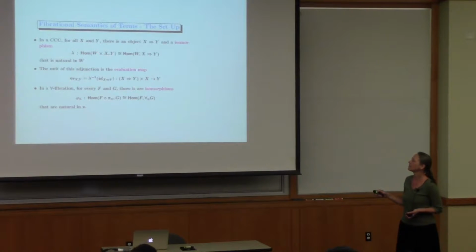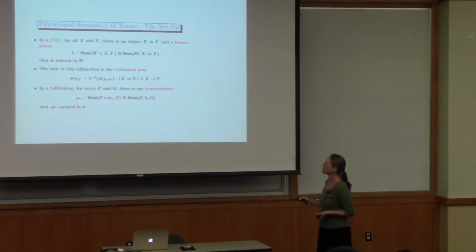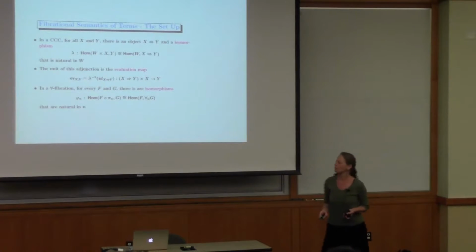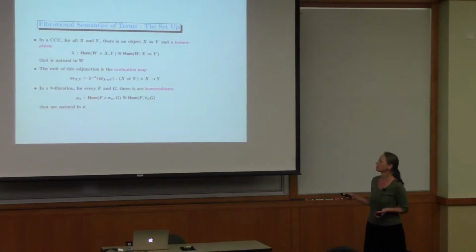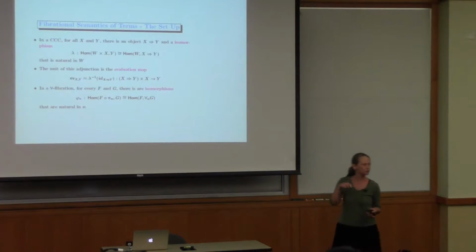So just like the relationship between times and exponents can be captured by the isomorphism lambda, the relationship between projection onto the first n components and for all on n variables can be captured by this isomorphism. So it's exactly analogous. I'm going to call this phi sub n, and I'm going to use this to interpret my type abstraction terms, big lambda terms.